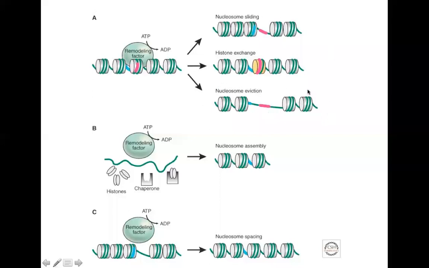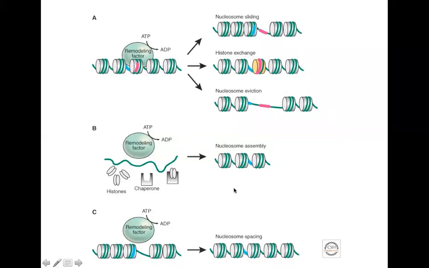So these three mechanisms would stimulate the initiation of transcription, and that happens because of the binding of these remodeling factors to this heterochromatin. So what happens when this remodeling factor is removed? After removal of this remodeling factor, the chromatin has to be put back into this heterochromatin form.